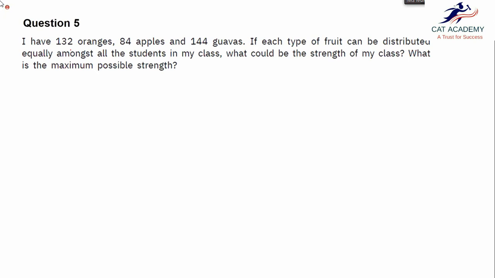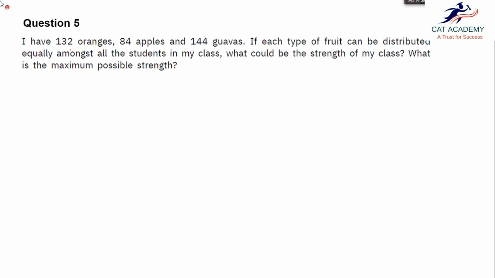So let's say how many students can I have? Can I have one student? Yes, I will give all 132 to him. Can I have two? Yes, half and half, 66, 66. Can I have higher than that? Can I have, say, 3? Yes. Can I have 4? Yes.